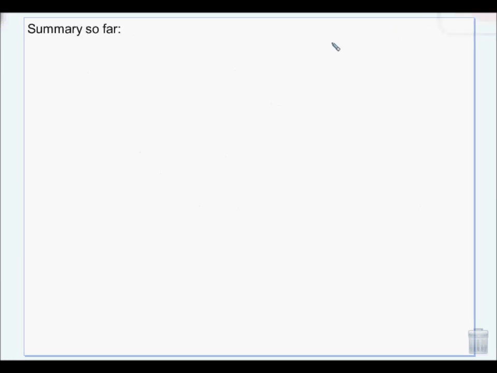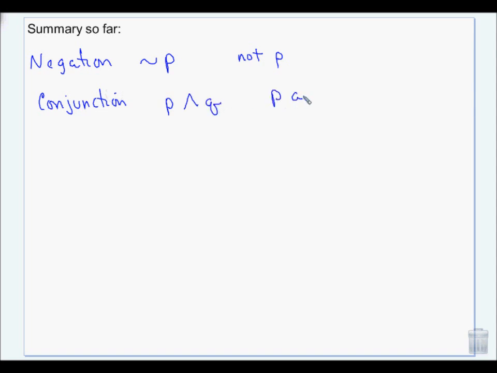Okay, so what we've done so far, we have negation. That's not P. Okay, we have a conjunction. So P and Q. We have a disjunction.